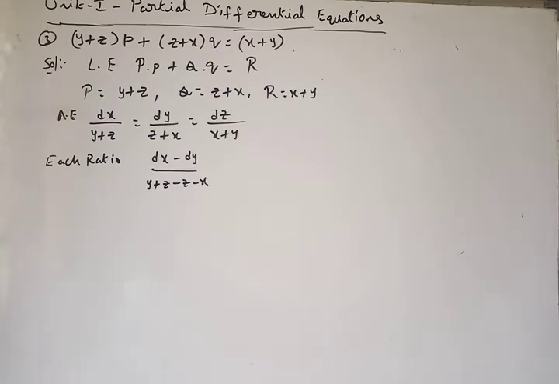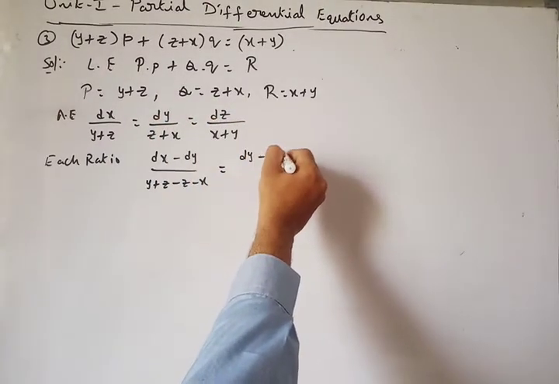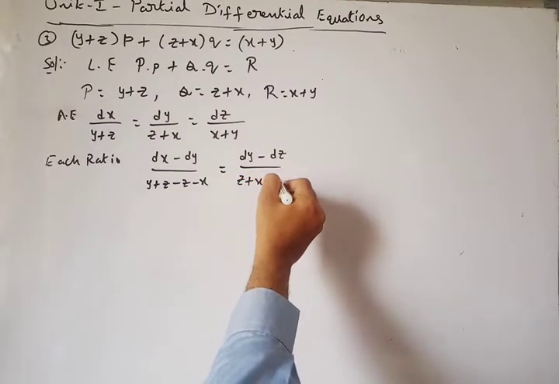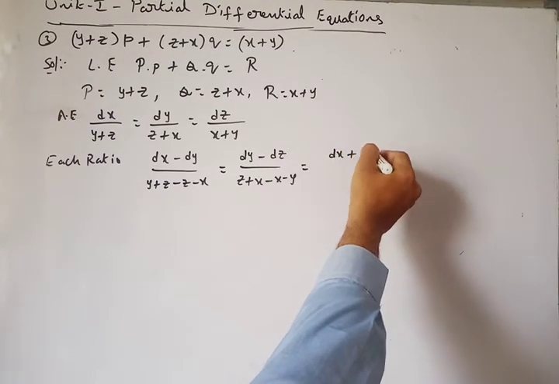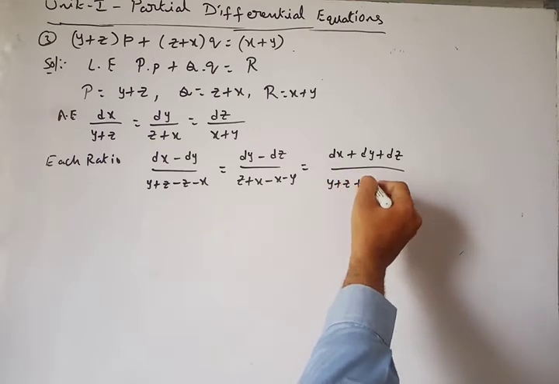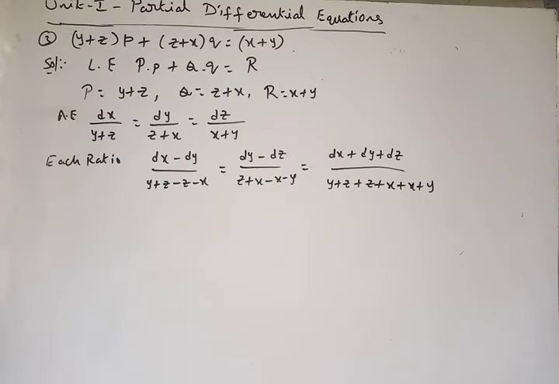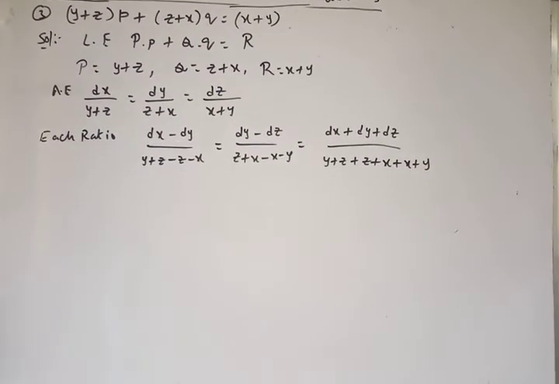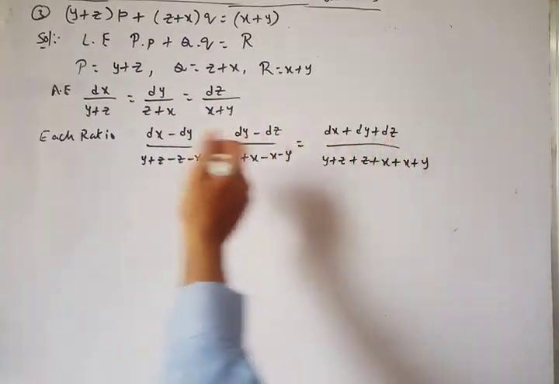Now similarly here, these two I am taking, subtracting: dy minus dz, z plus x minus y, is equal to, adding all of these, dx plus dy plus dz by, what I get here? y plus z plus x plus y. Understand how we took? First I did 1 minus 2, then I did 2 minus 3, after that I added all the things. So what I get here?